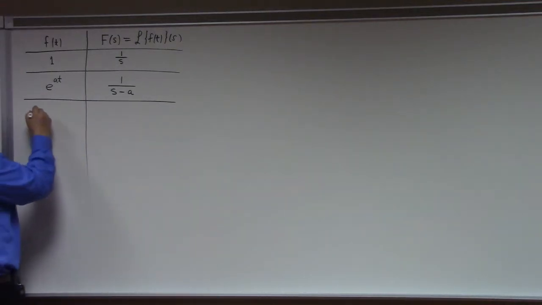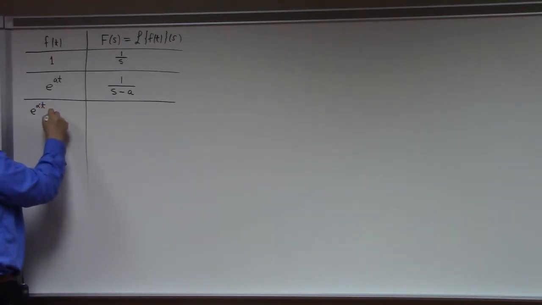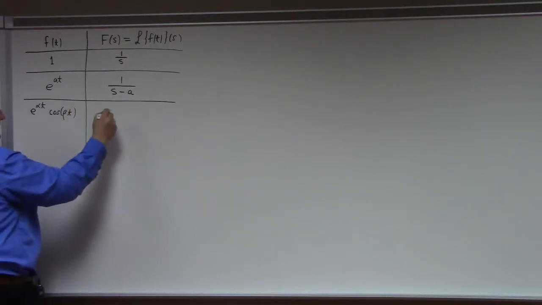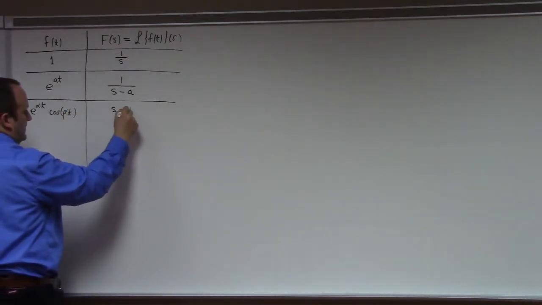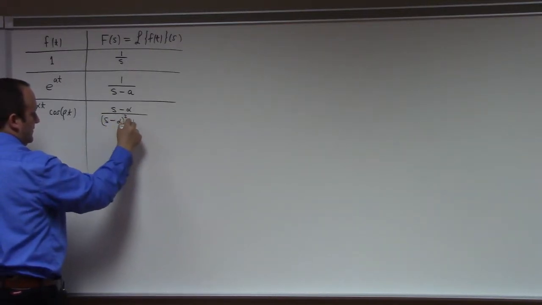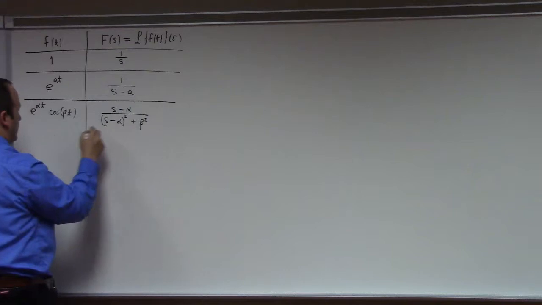Then I said, basically a could be complex. I replaced a with lambda, and we derived that if we have e to the alpha t cosine beta t, then we get s minus alpha over s minus alpha squared plus beta squared.